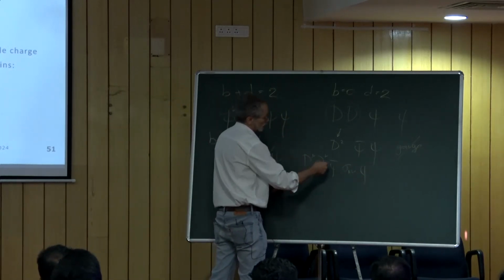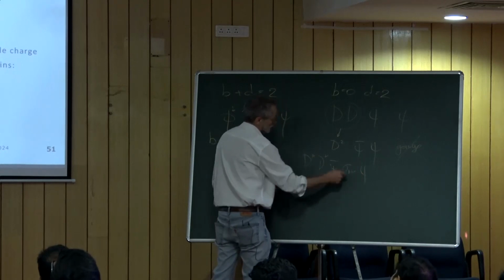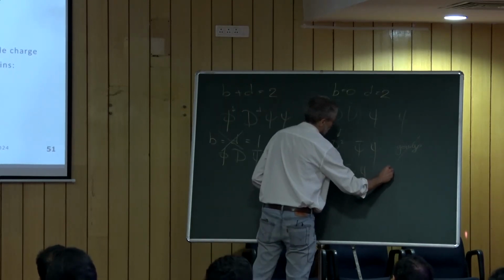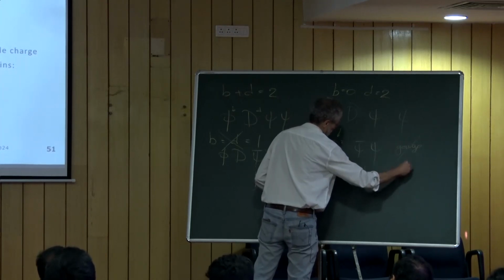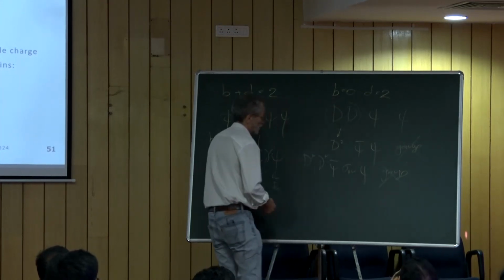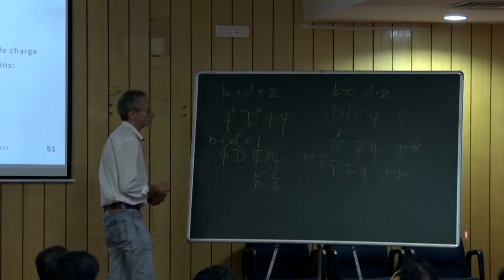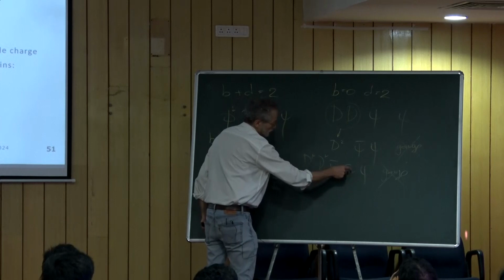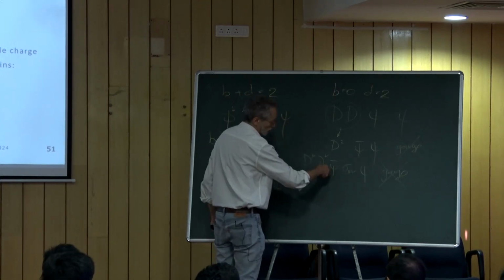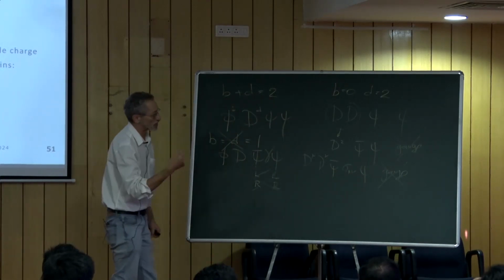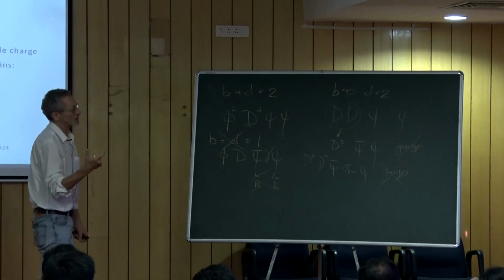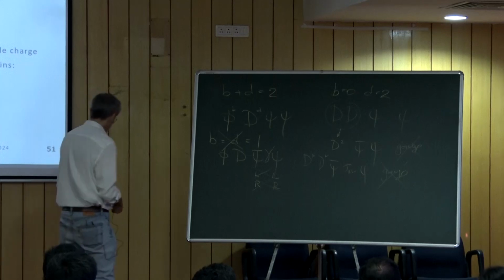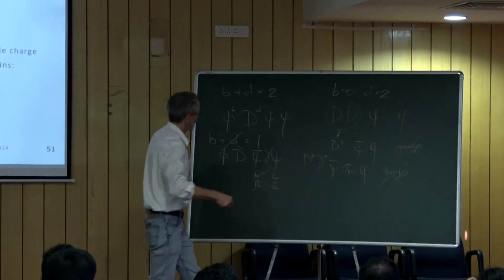And again, you have a doublet and a singlet, or a singlet and a doublet, and this guy violates gauge invariance as well. The point is the chirality and the connection between left, right, and isodoublet, isosinglet. So now this is dead too.